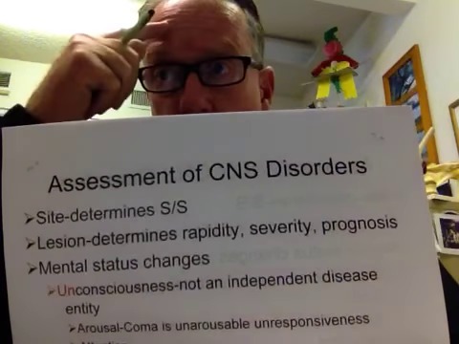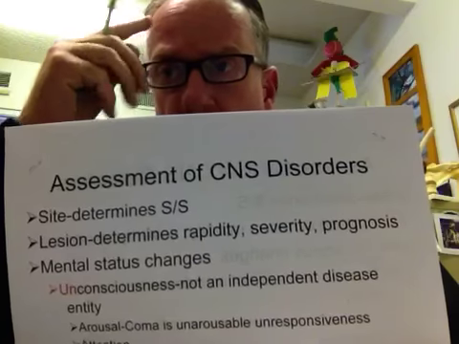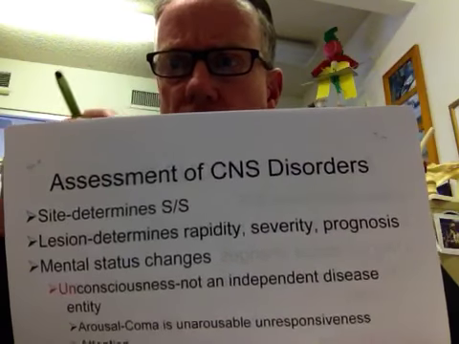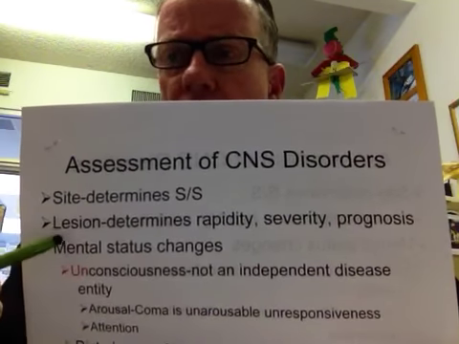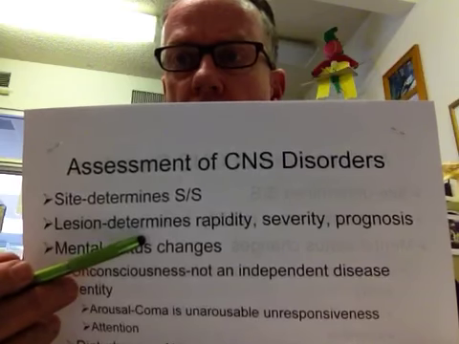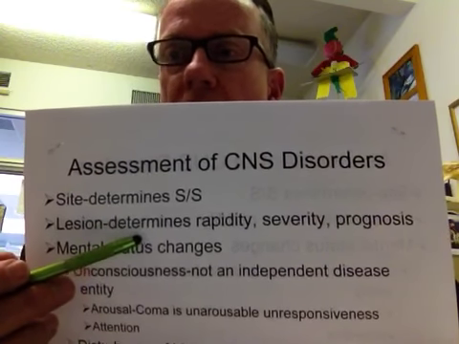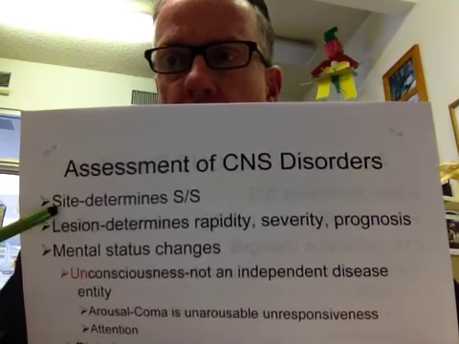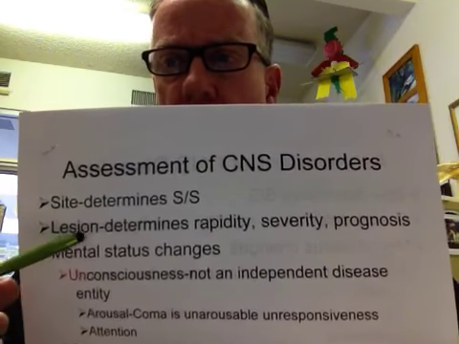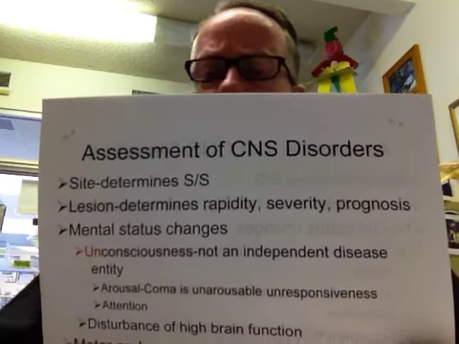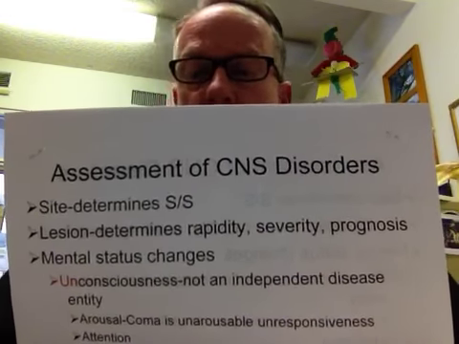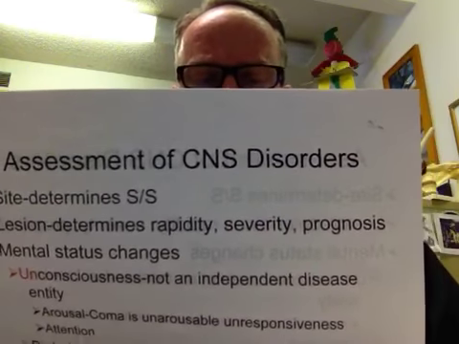Now, a gunshot wound is a lot different than an abscess in terms of total amount of tissue that's injured. So it's the lesion, the type of injury, not the location, that determines the rapidity, the severity, and the prognosis.